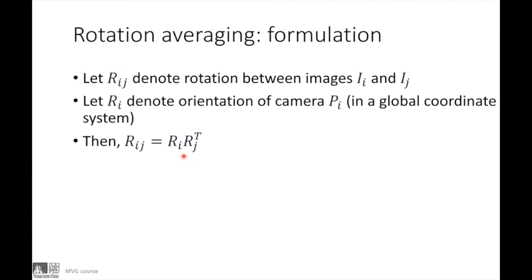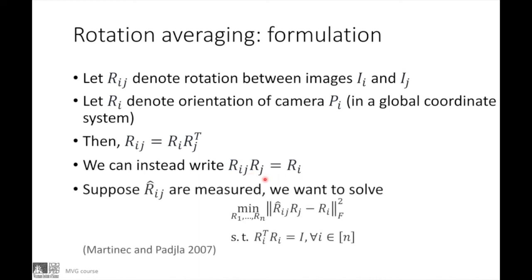Now we're going to play with this equation. We're given Rij. We don't know Ri, we don't know Rj. Rj transpose is the inverse of Rj. So what we will do is multiply this equation by Rj, so we get Rij times Rj equals Ri. This equation is linear in the unknowns Ri and Rj.